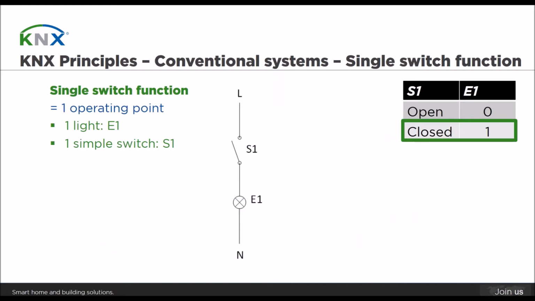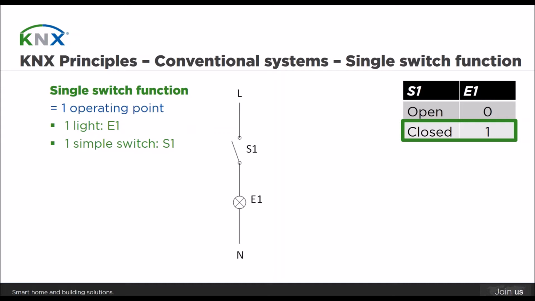Let's make a conventional system, the most simple one, which is the single switch function. That means that there is only one operating point. The electrical consumer, we call it E1, is a lamp. The simple switch in between, S1, is just to operate that lamp.